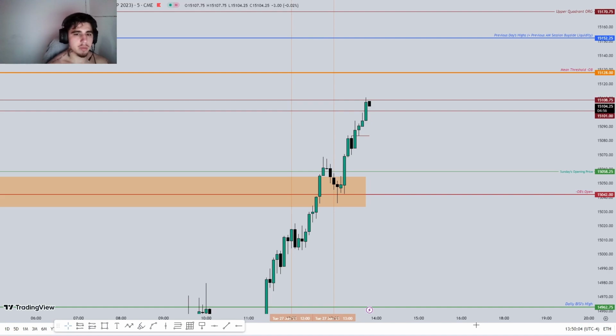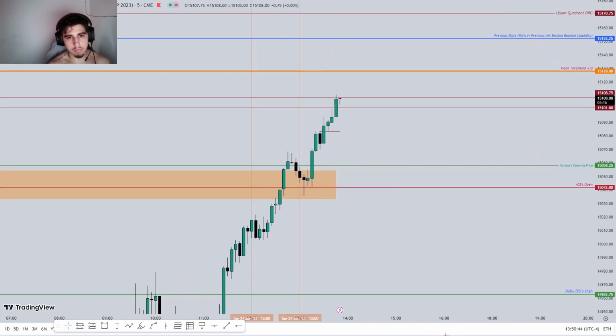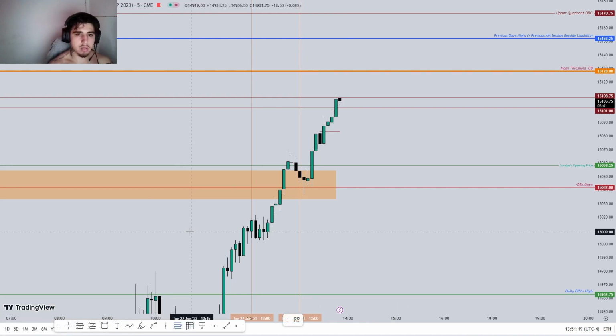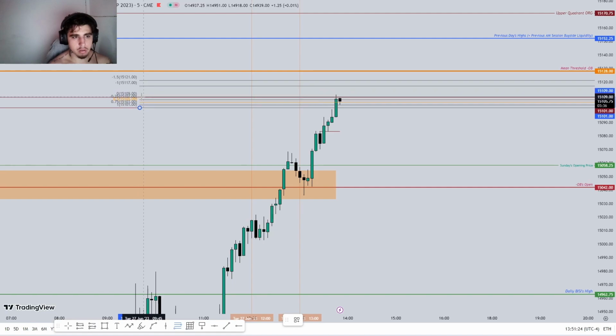I personally would have preferred it to close above the fair value gap. I'm also looking at the midpoint of this to see whether that offers some kind of support. That's the lower quadrant in which we just tapped into.